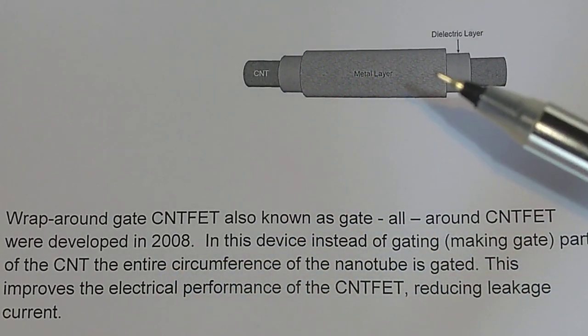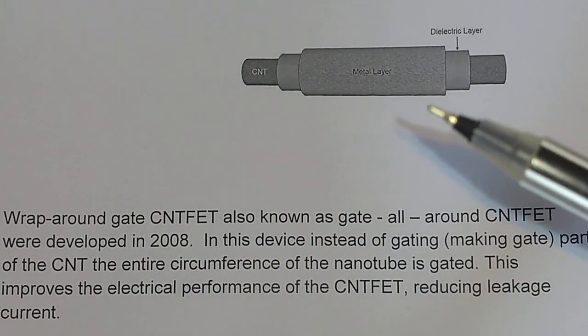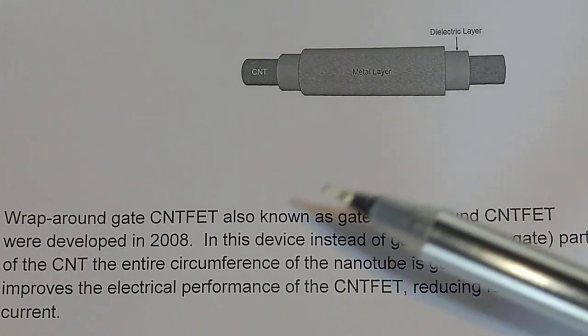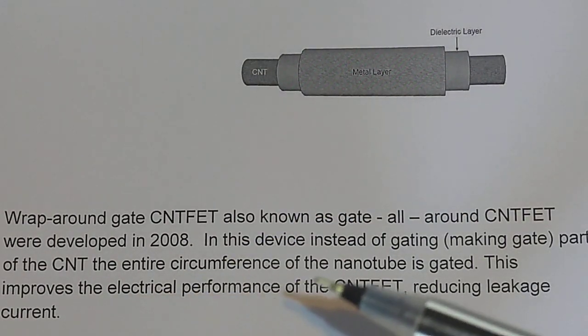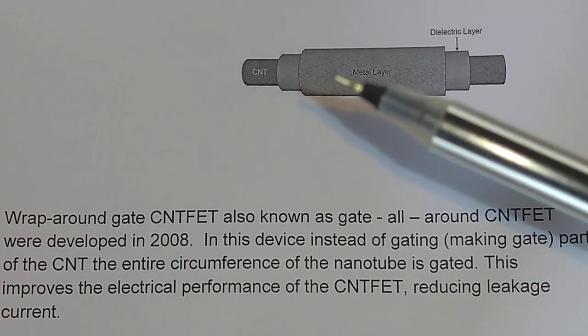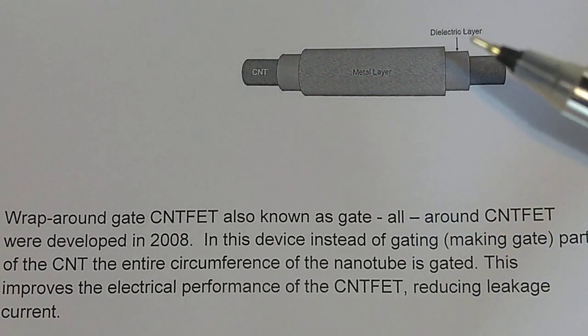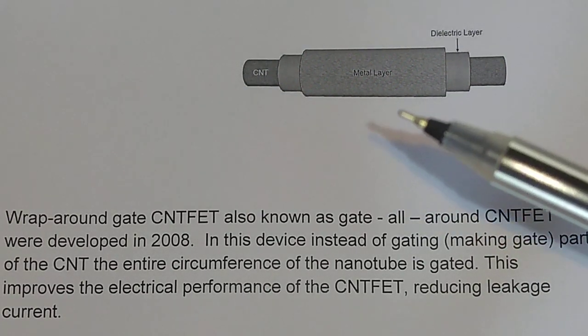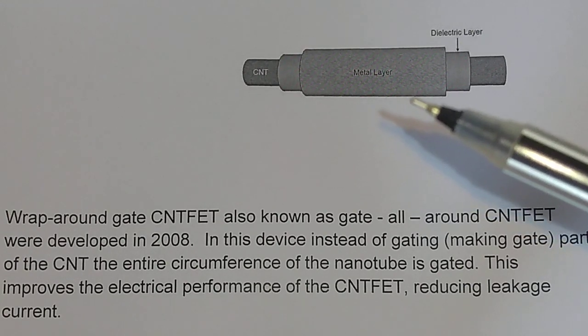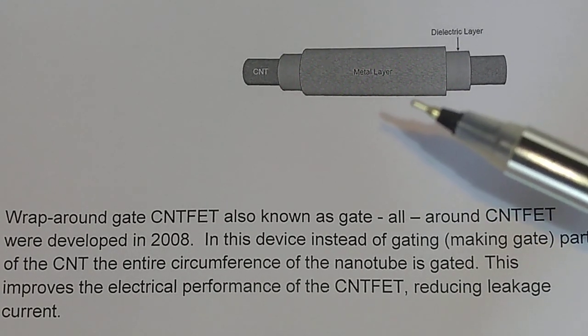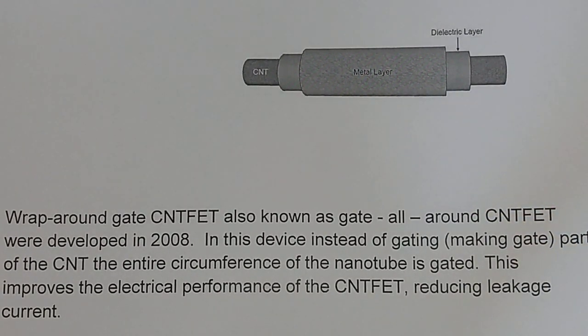In this device, instead of gating only part of the CNT, the entire circumference of the nanotube is gated, and this improves the electrical performance of the CNT FET, reducing leakage current.